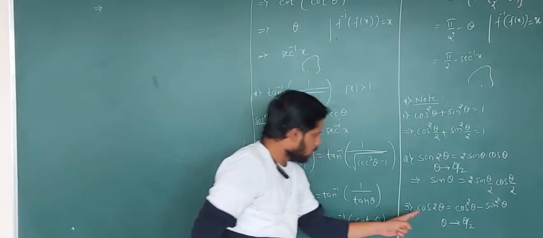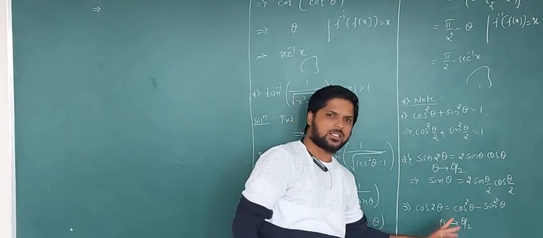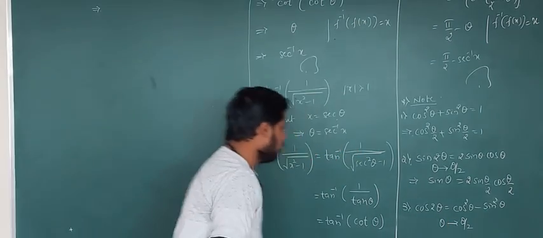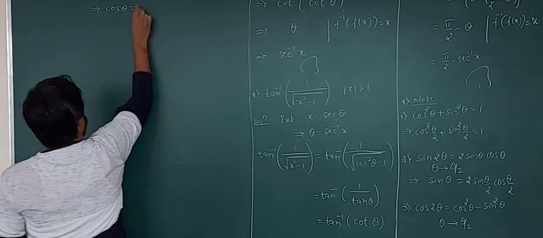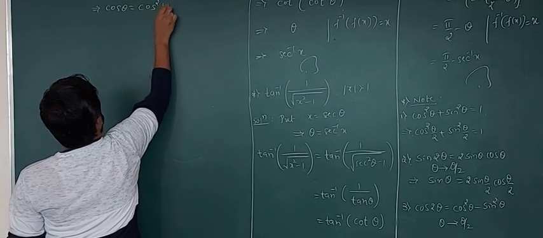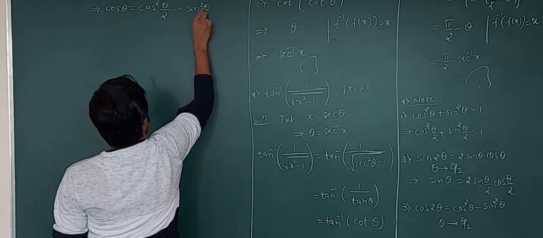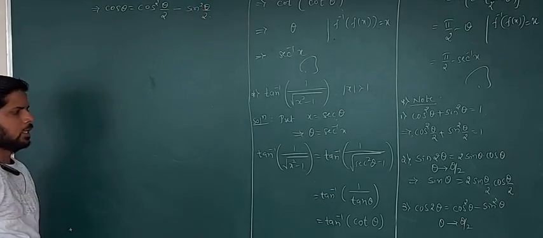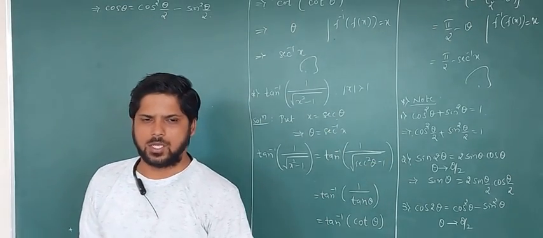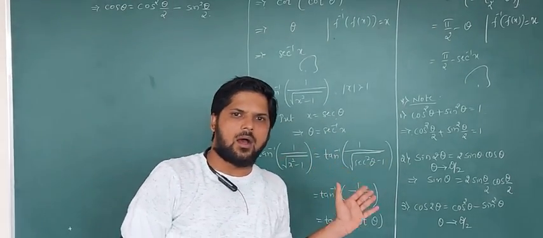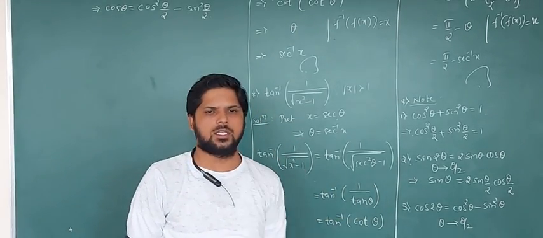So cos theta equal to cos square theta by 2 minus sin square theta by 2. These three are very, very important formulas, because in the coming problems I am going to use them.